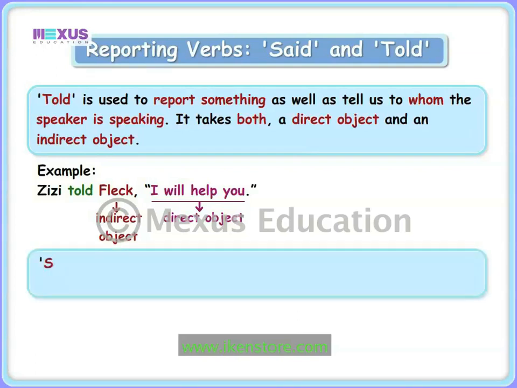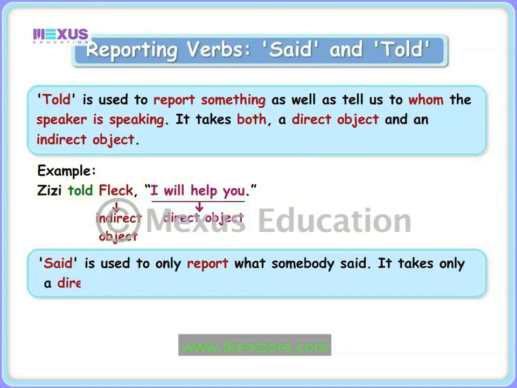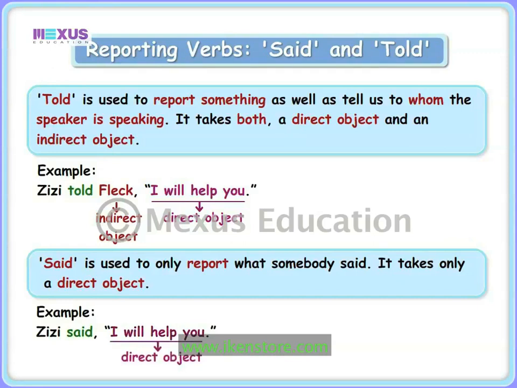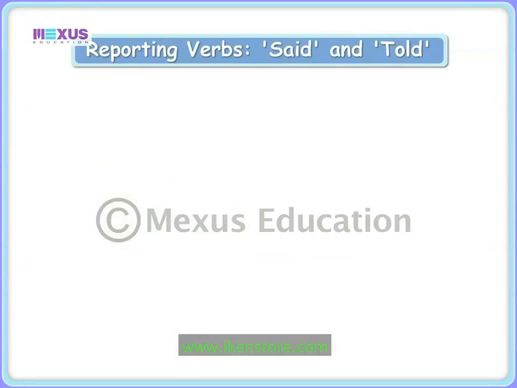On the other hand, said is used to only report what somebody said. It takes only a direct object. Look at this example. Zizi said, "I will help you." Here, the verb said only has a direct object, the quote.